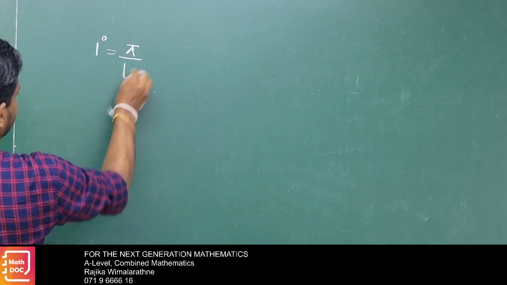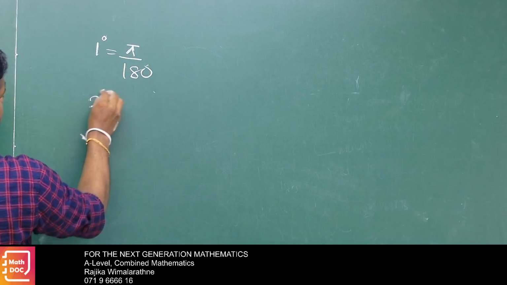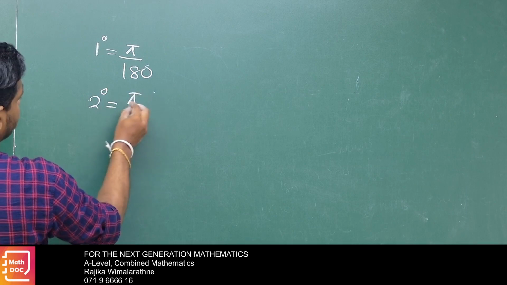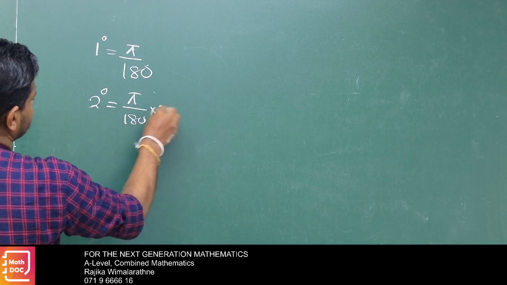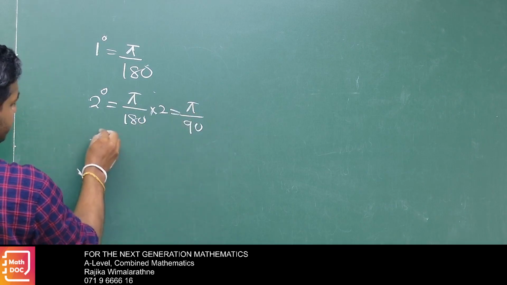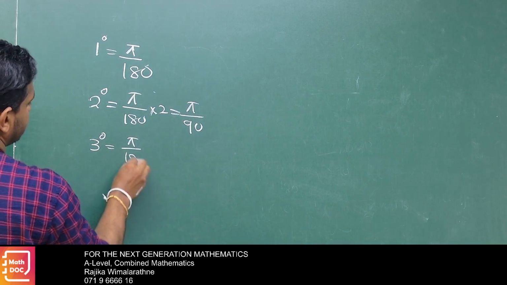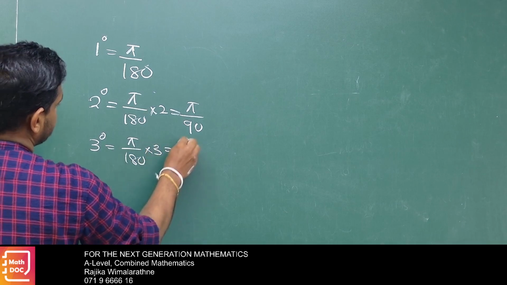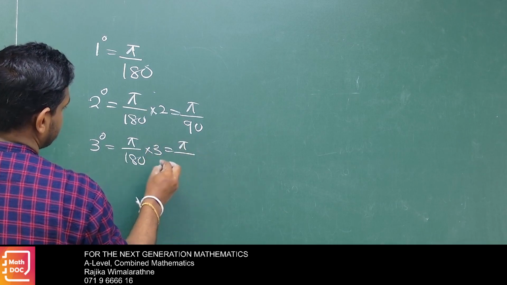Then 2 degrees equals twice that: pi divided by 180 times 2, that means pi divided by 90. Then 3 degrees, pi over 180 times 3, that is pi divided by 60.